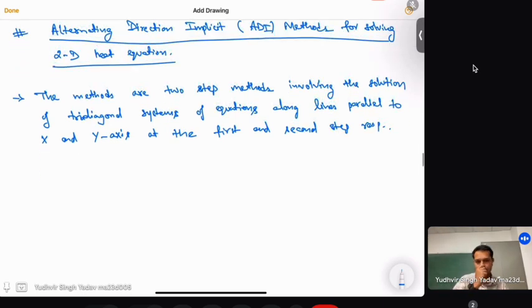So this is a short description of the ADI method.